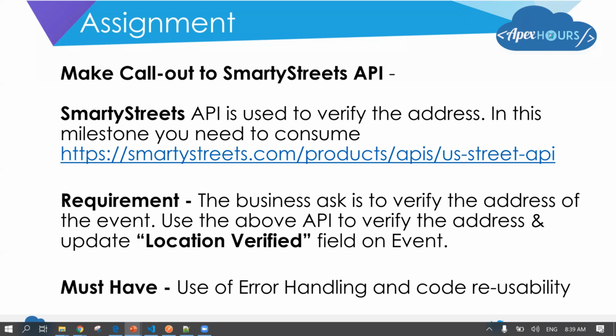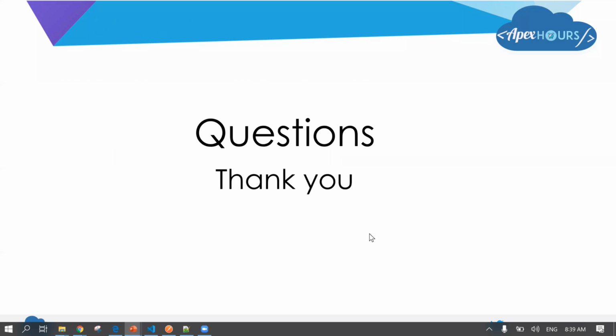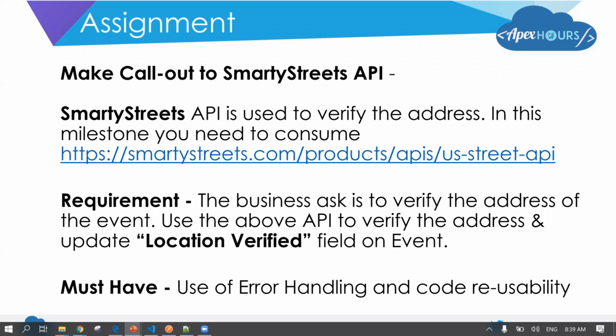The must-have is that you need to have error handling as part of this code, and code reusability. You need to have the code written such that it can be reused, and error handling needs to be done in this.